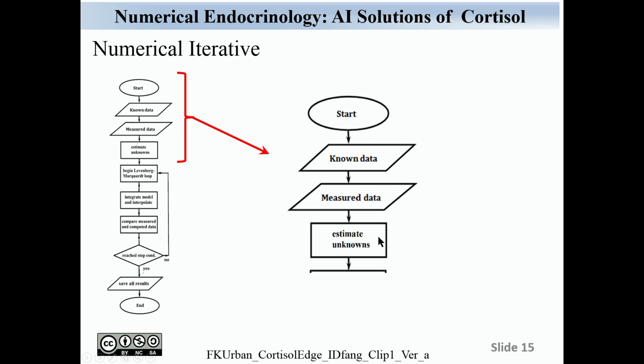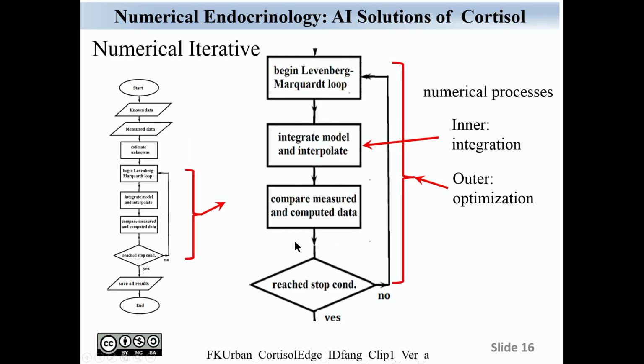And then we produce an estimate of the unknowns that we're trying to find, the 3 numbers that we're trying to find. The next thing that happens is that we make a loop here, and we do some calculation, check it, see if we're finished. If not, do it again. And the stopping condition should be something like it no longer gets better, or it's accurate already, something like that.